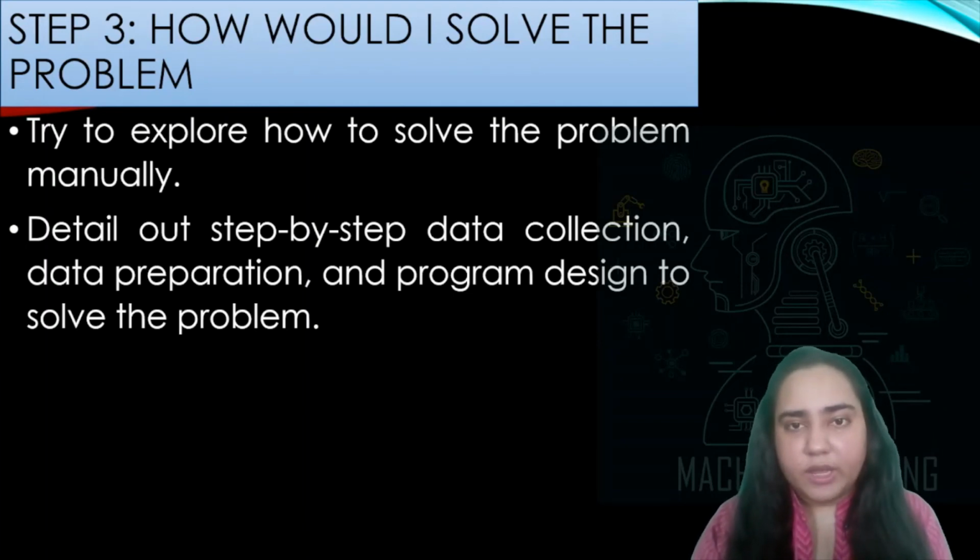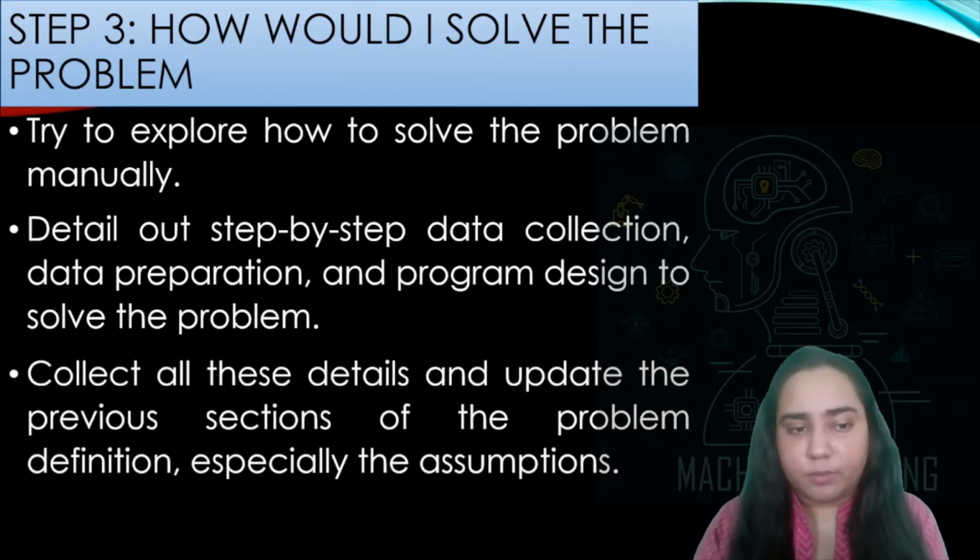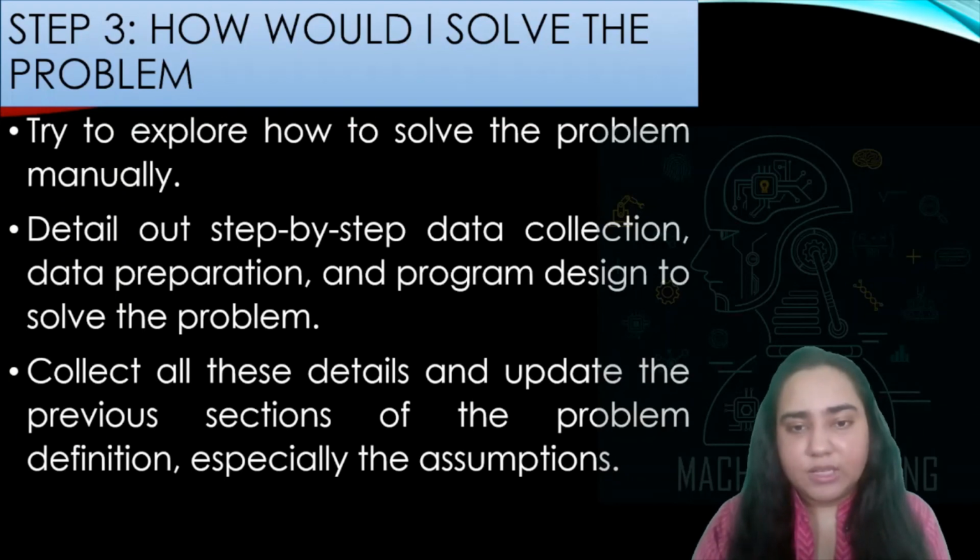Just like we drew an analogy in the first two videos between machine and human learning, we have to do that every time, because the way you think and solve the problem is the way you will program the machine to think and solve the problem. We would collect all these details and then update previous sections of the problem definition, especially the assumptions. And that's how you can form a well-posed learning problem.